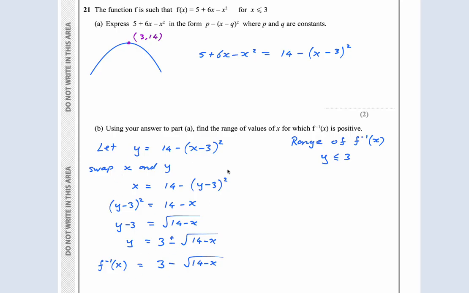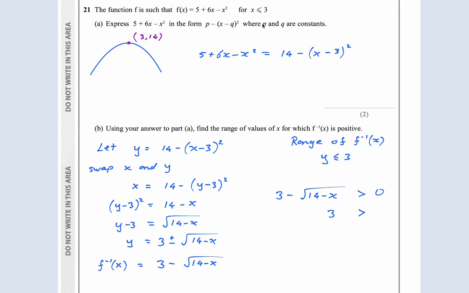That's the inverse function. We have to find the range of values of x for which f minus 1 of x is positive. So this thing has to be bigger than 0. So 3 minus root 14 minus x has to be bigger than 0. Now when I solve inequalities, guys, I like to just leave the inequality the same direction and just add and subtract things.